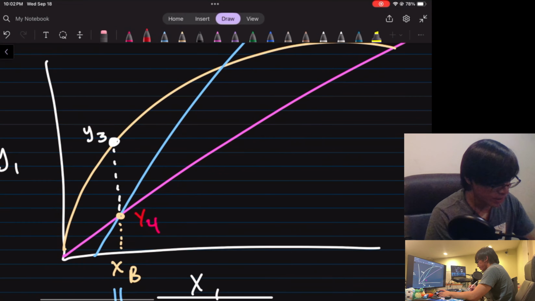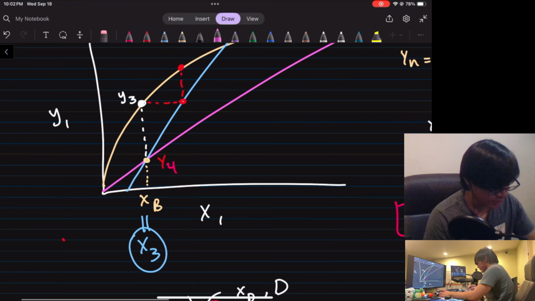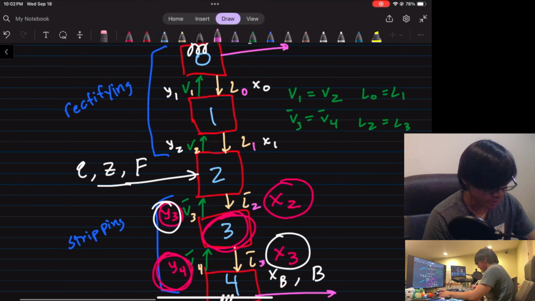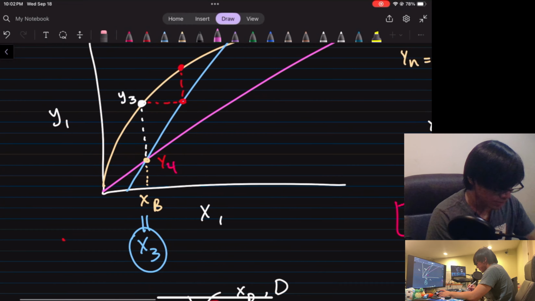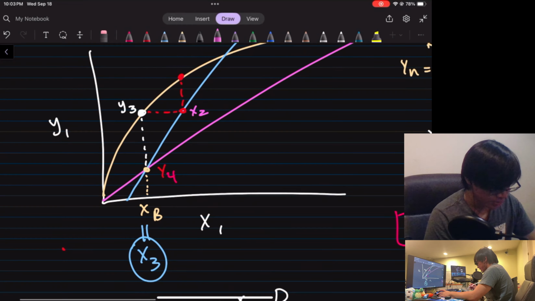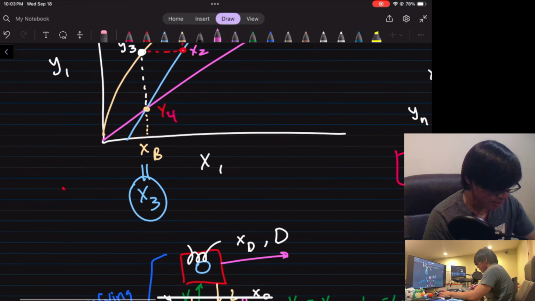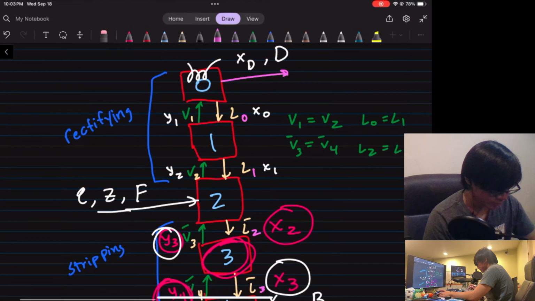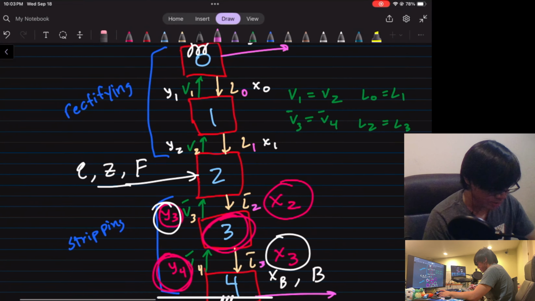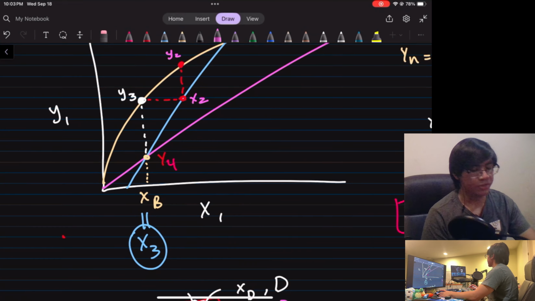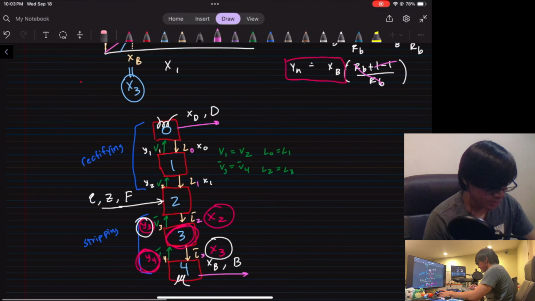So again, very similar going up as we go through our different stages. So y3 corresponds to a passing stream of x2. So this is x2, and x2 has equilibrium with, I'm sorry, y2. So we're getting near that feed stage. I'll stop there.